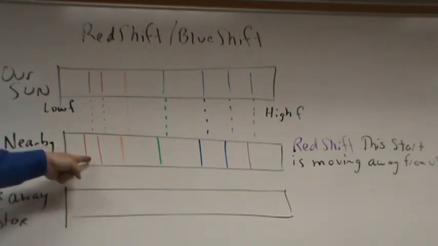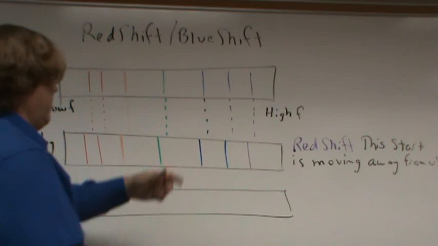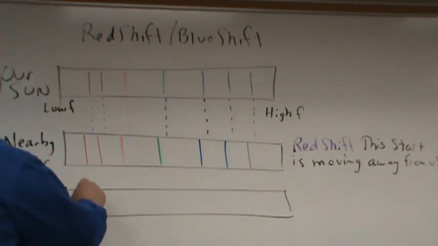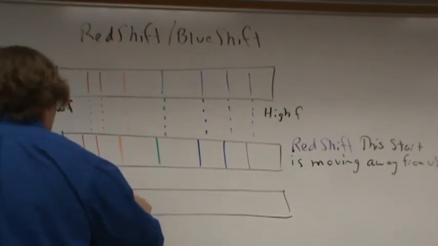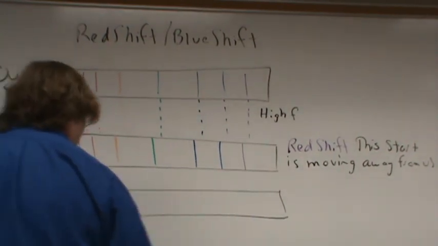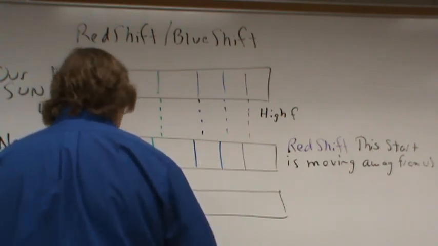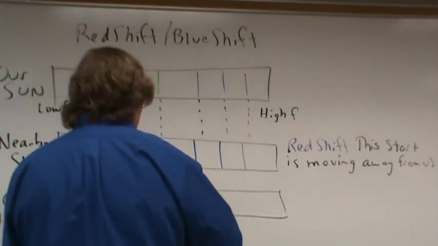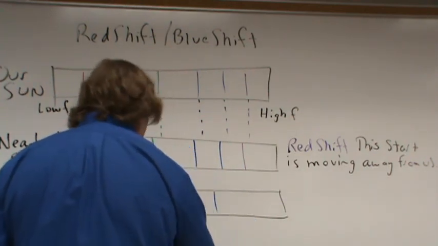So we know our spectrum is going to look like this: red, orange, green, and so on. But we look at this faraway star, and its lines are looking like this. I'm doing this picture so you just have a visual sense of what I'm getting at.